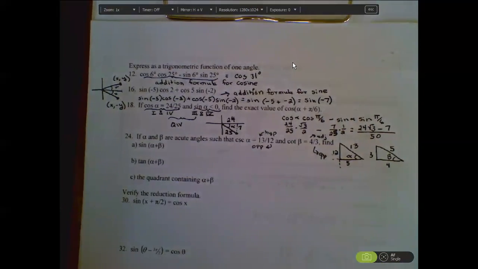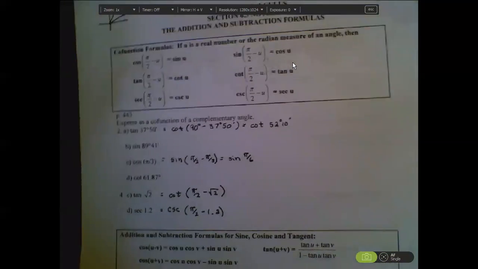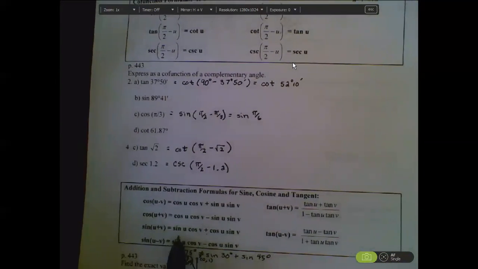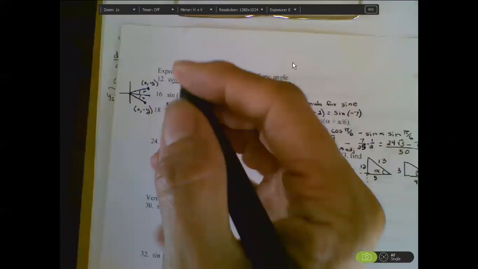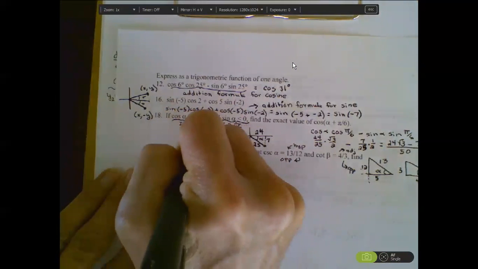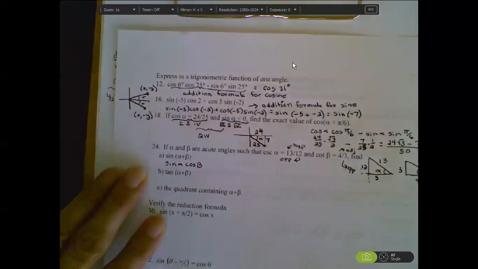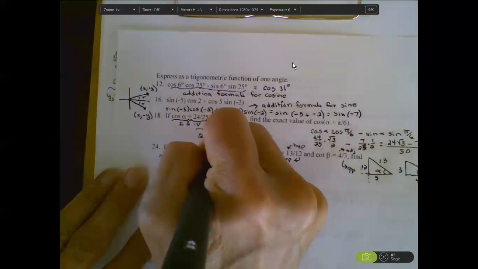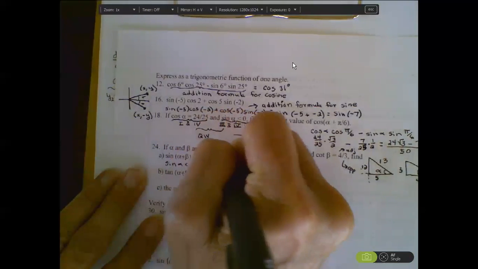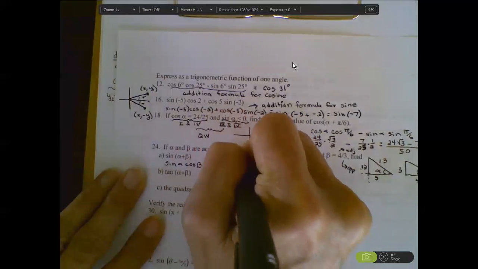I need the addition formula for sine, and it is sine cosine plus cosine sine. Sine the first angle, cosine the second angle, plus cosine of the first angle, sine of the second angle.